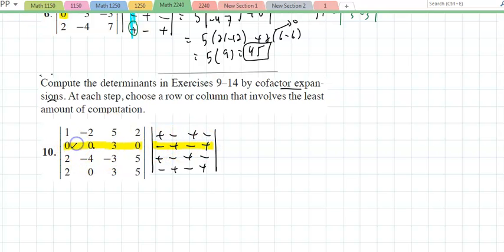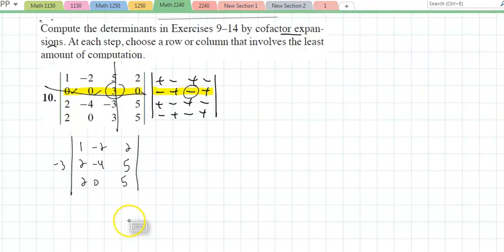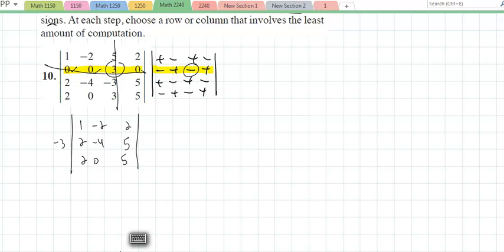So the 0 I ignore, the 0 I ignore. I'm pretty much looking at a -3, and if I cross the row and column of that, I'm left with a -2, 2, 2, -4, 5, 2, 0, 5.